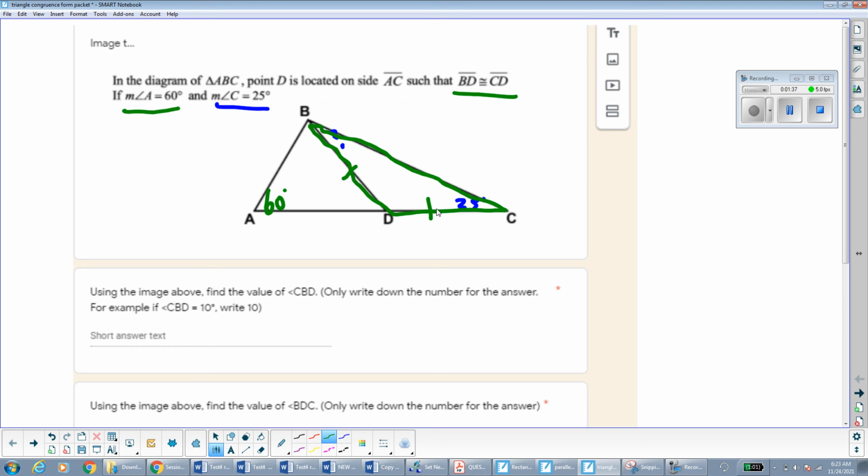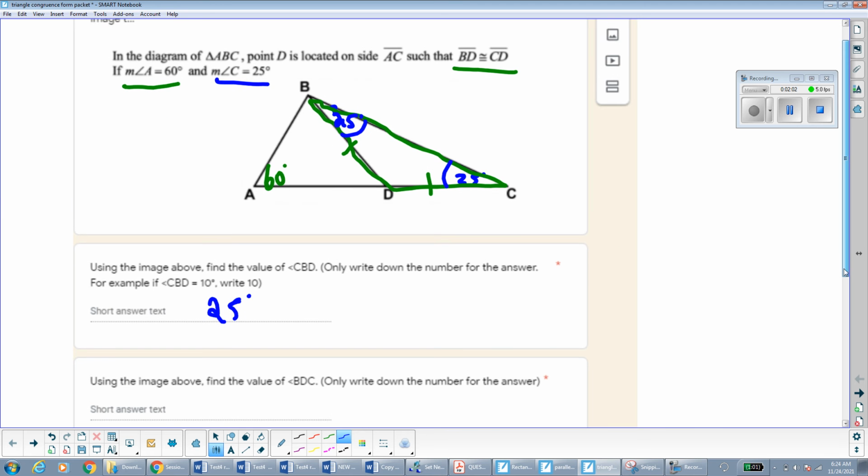That's the base angle theorem. So here, opposite from this congruent side is this 25-degree angle. Opposite from this congruent side is this angle. So I know this angle should be congruent to the other base angle of this triangle and should be 25 degrees as well. So the measure of angle CBD should be 25 degrees.